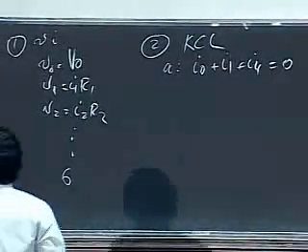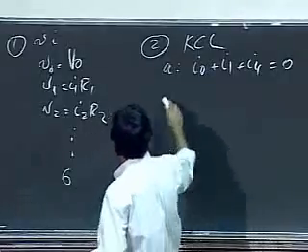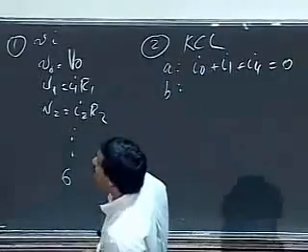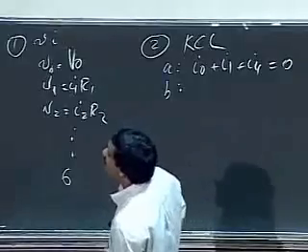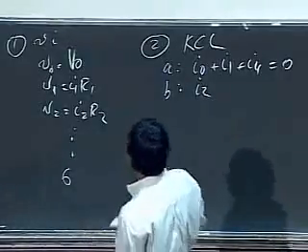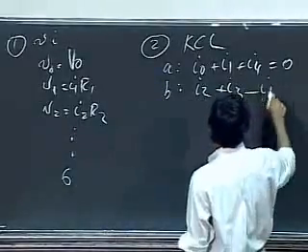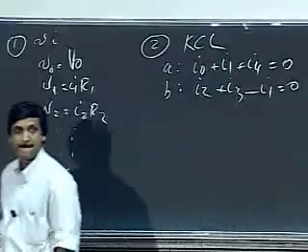Okay, for node A. Then I can go ahead and do the other nodes. Let's say, for example, I do node B. For node B, I have I2 going out, that's positive, I3, and I1 is coming in, so I get minus I1 equals 0.